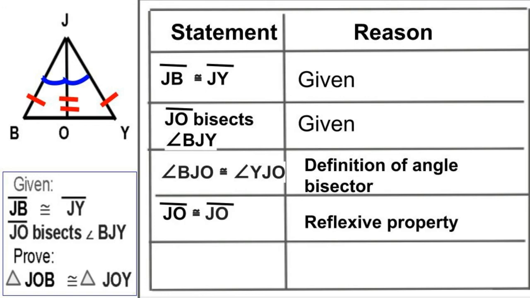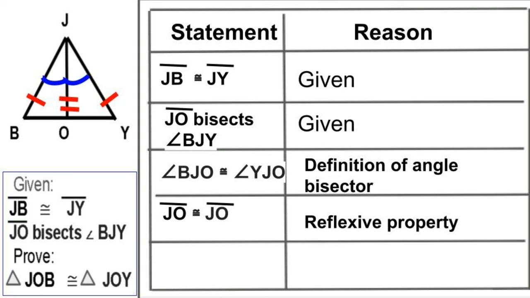Here we can say that segment JO is congruent to itself, or segment JO. That is reflexive property.